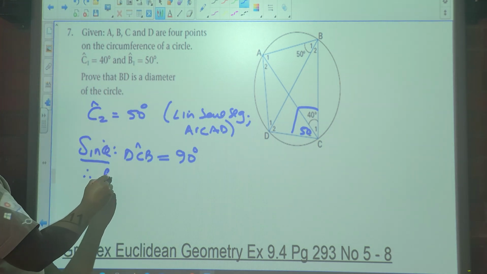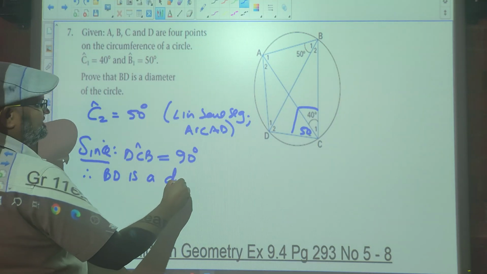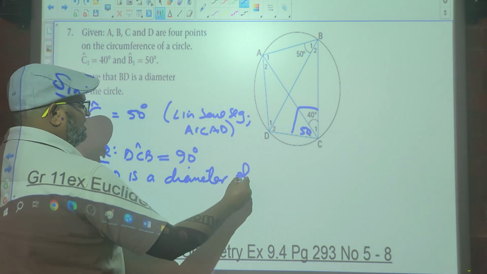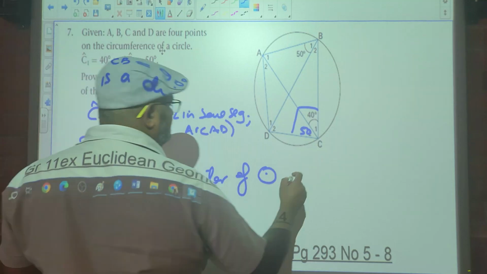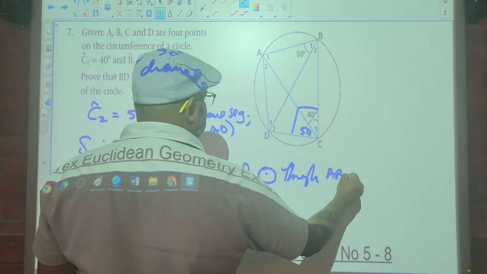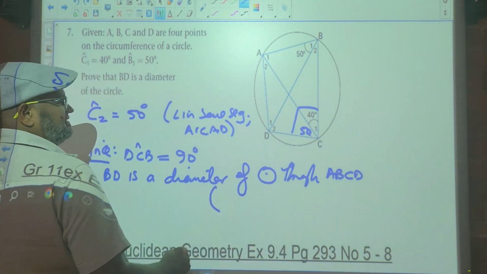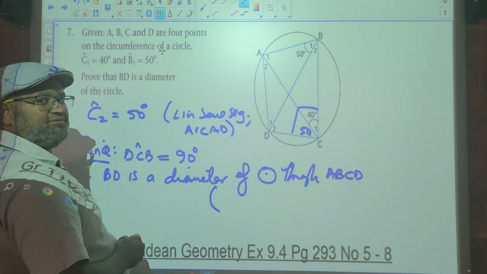Therefore, BD is a diameter of circle through ABC. Why? So the reason normally goes next to it. Converse of angles in a semicircle.